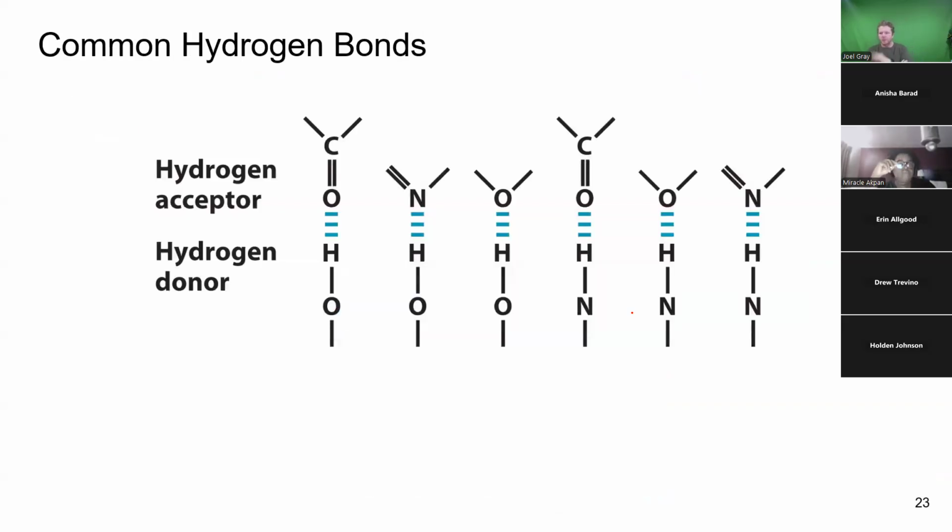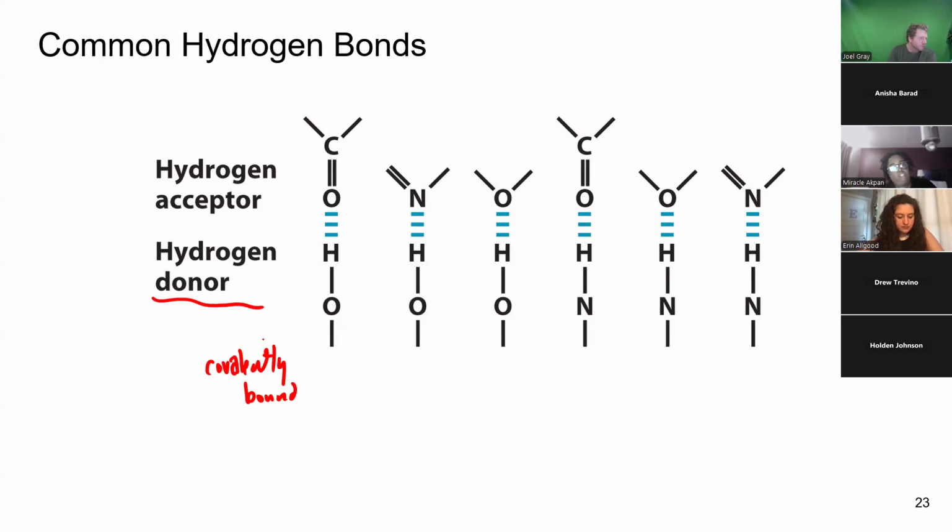Now, let me go ahead to this one. Common hydrogen bonds. This is a good visual of what they are. Your donor, what does your hydrogen bond donor have? Well, that's got the covalently bound hydrogen right here. What is that bound to? Well, it's bound to an oxygen or a nitrogen. It could also be bound to a fluorine, but the donor has the hydrogen.